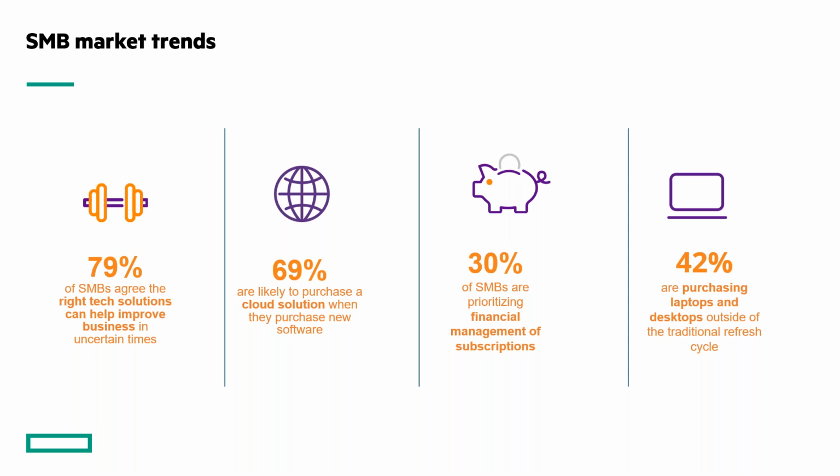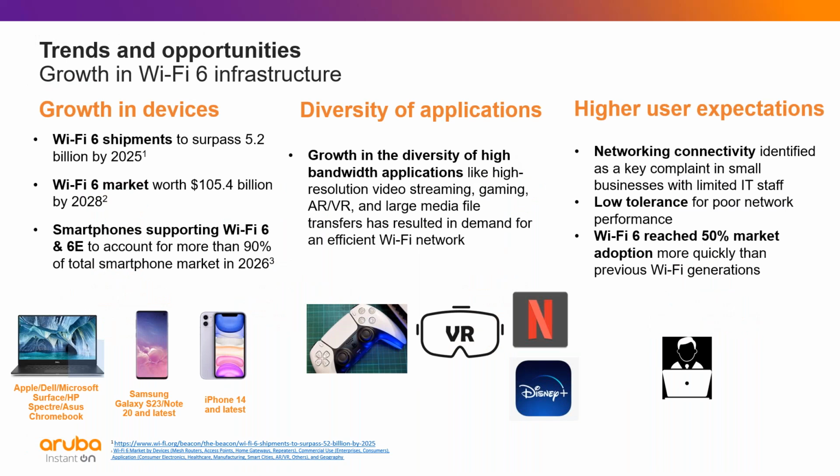And then 42% are purchasing laptops and desktops outside the traditional refresh cycle because the technology is demanding it. They want to have the latest tech, the fastest tech, the best tech. And so this is requiring some upgrades outside the traditional cycle. So one of those things happens to be the trends around Wi-Fi and the opportunity with something like Wi-Fi 6, right?